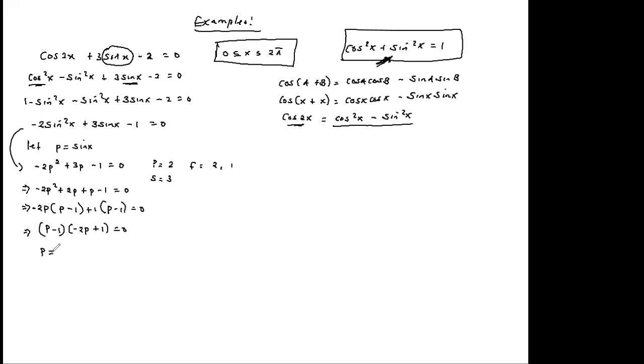This will tell us that p is 1 and p is 1 over 2. It was supposed to be negative, but there's a negative 2 dividing, so it has become positive. Now we have two values of p. So what we are saying is sine x is 1 or sine x is half.